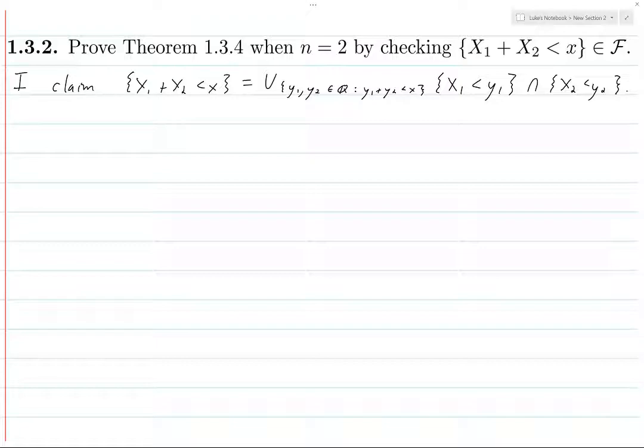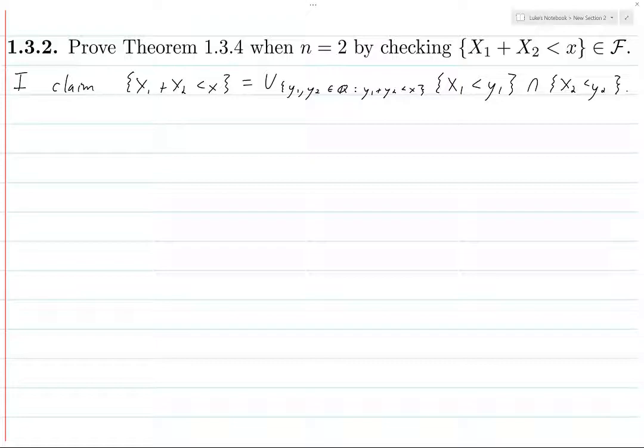It's the inverse image of an open set, meaning a measurable set in the Borel sigma algebra, and so it must be in F, since x1 is measurable. Likewise x2 strictly less than y2 is also measurable. Sigma algebras are closed under countable intersections, because of being closed under countable unions and complements. So the intersection of these two sets is an element of F.